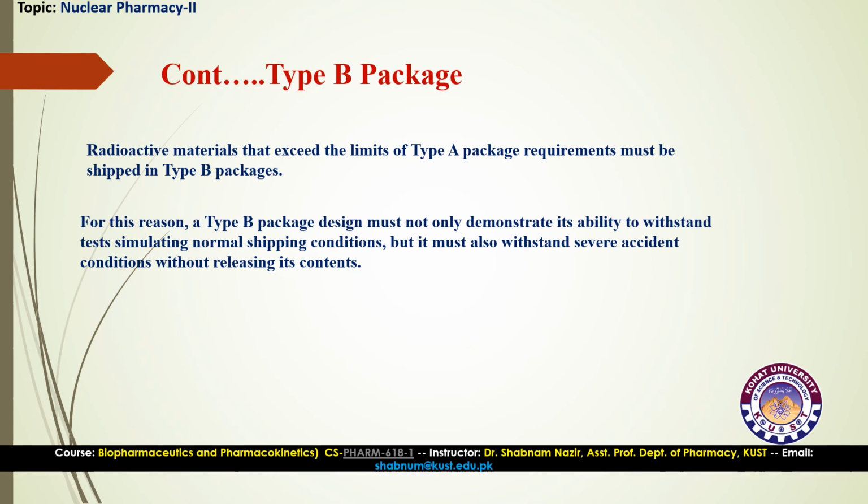So this is the criteria which type B packages should fulfill. Only then can they be used for this category of radioactive materials transportation. And very obviously, as we discussed earlier, type B packages are used to transport materials with high levels of radioactivity.